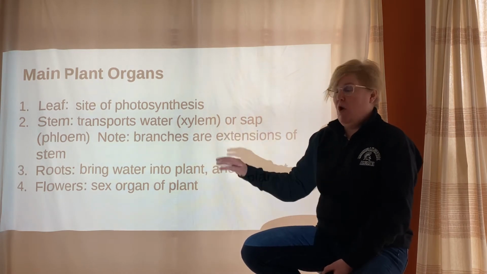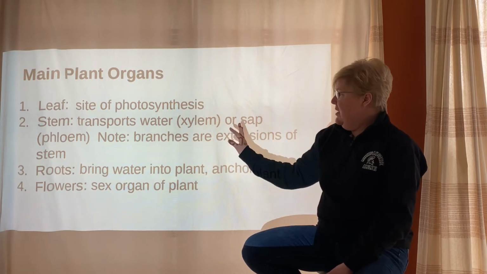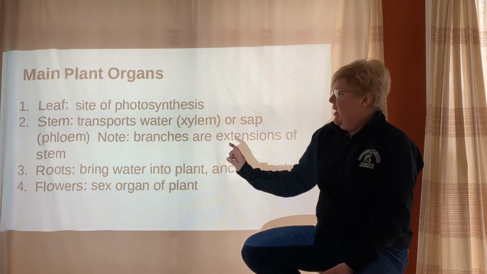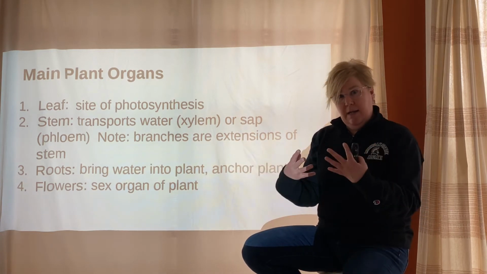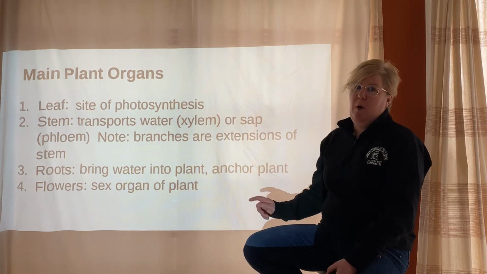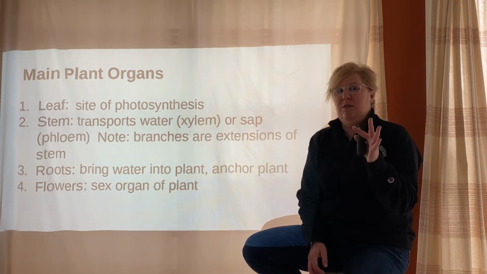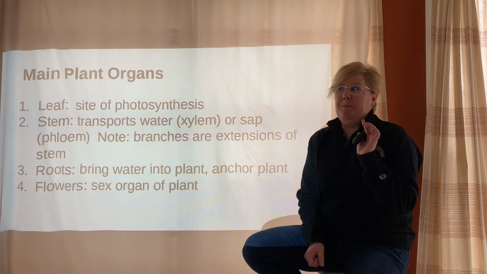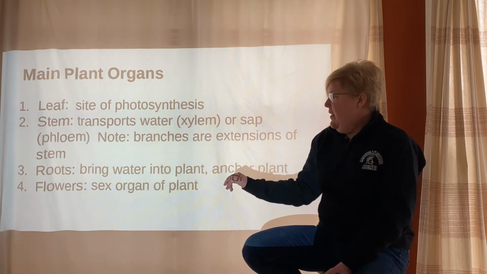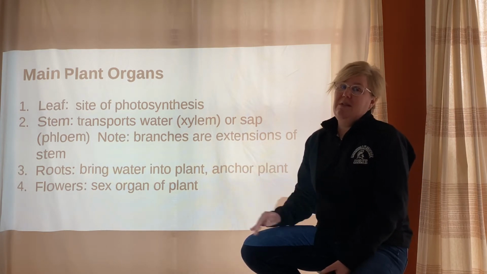Xylem and phloem are 2 of the things, if you're interested in that. Branches are just an extension of stems. And then roots bring the water in so it can move up, and they also anchor the plant, super important. I'll probably do an Into the Woods about roots, because the root systems of some plants are crazy. Super, super cool. And then lastly, and what most of this lesson is on, is the flower.